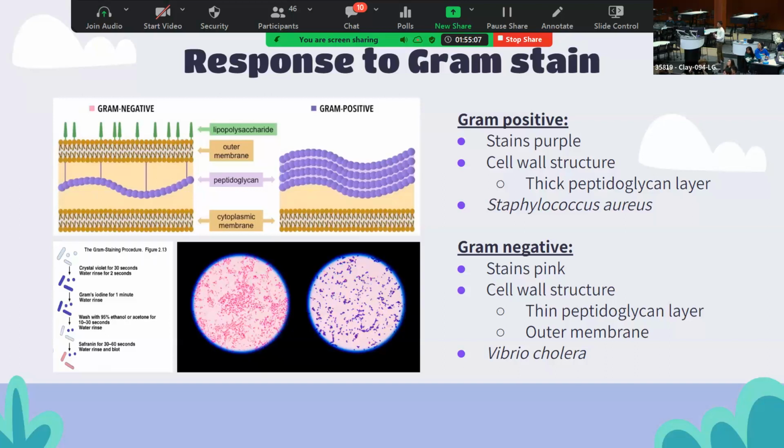It can trap the dye, whereas gram negative has a thin peptidoglycan layer, and it also has an outer membrane. So the purple dye is washed out, and then the counter dye can stain it, and that's the pink. And a notable example, probably should remember, Staphylococcus aureus, gram-positive cocci.